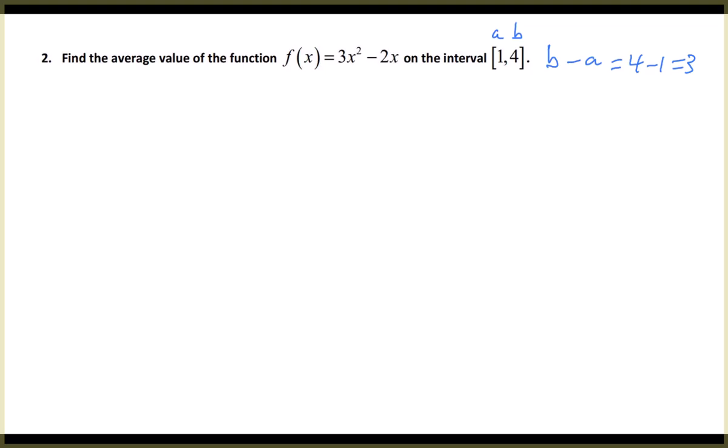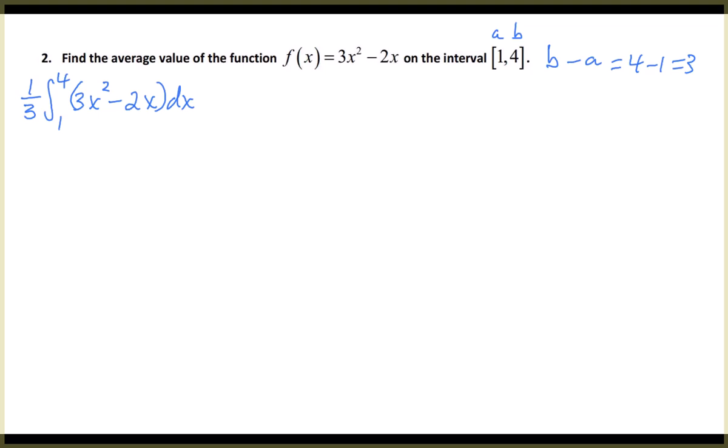Yeah. So I'm just finding out what b minus a is, and it's just 3. So then I'm going to integrate over that interval from 1 to 4. And notice what I put out front, 1/3. Well, that's 1 over b minus a.